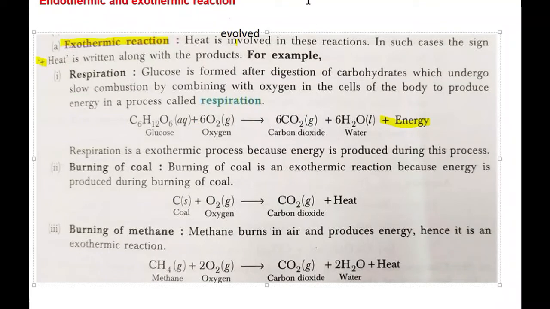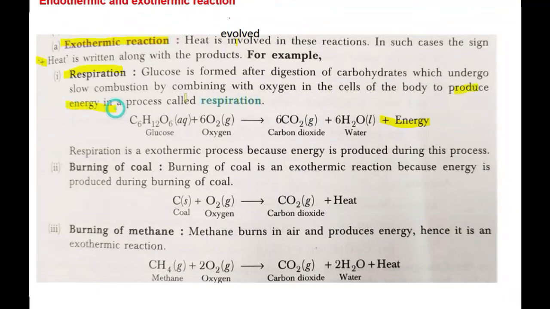For example, the first example is respiration. Glucose is formed after digestion of carbohydrates. This glucose undergoes slow combustion by combining with oxygen, or we can say it undergoes oxidation in the cells of the body and produces energy.